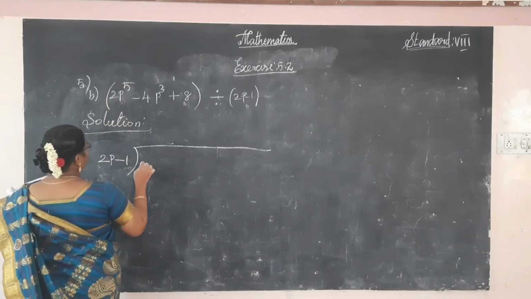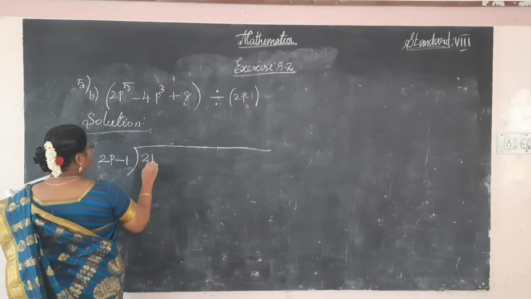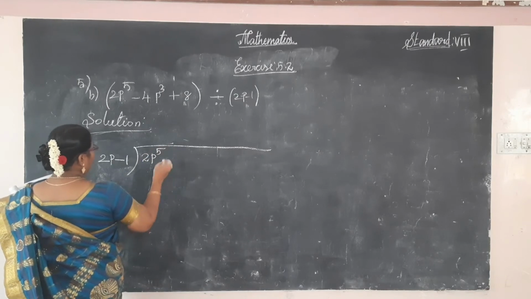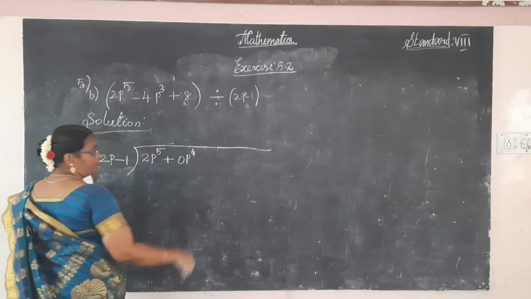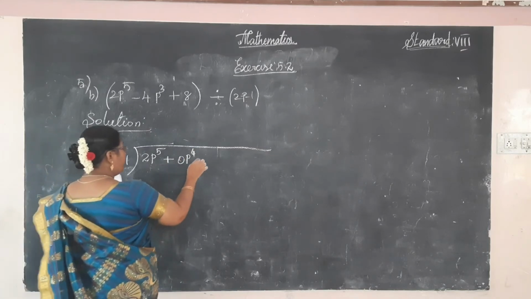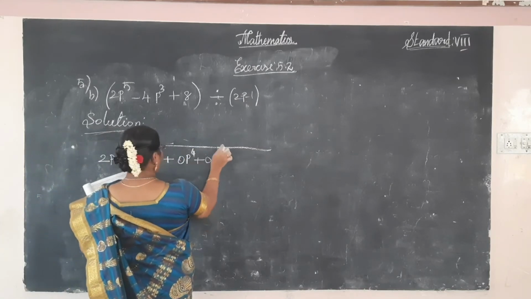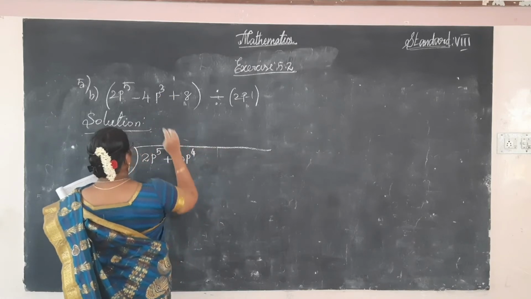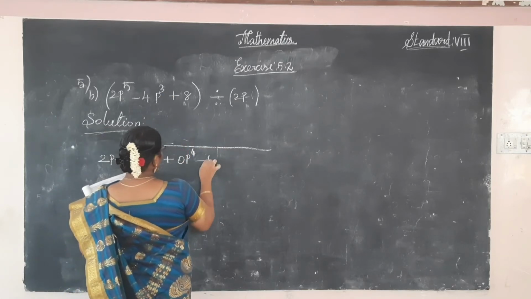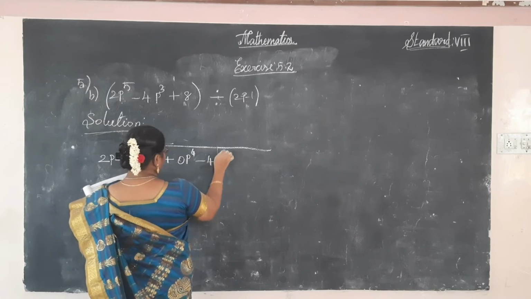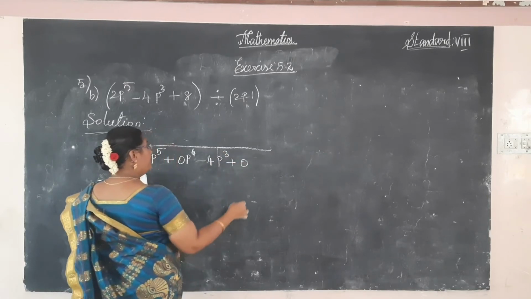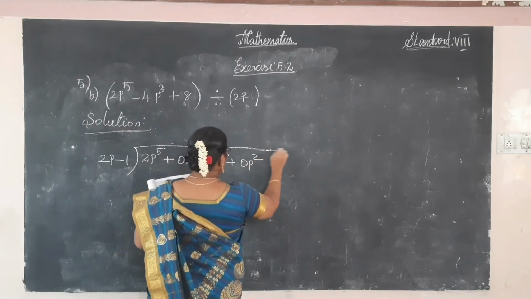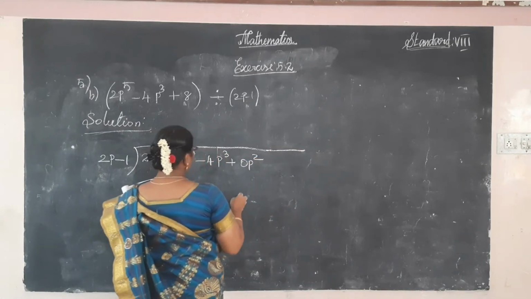Okay, write 2p power 5. So what is missing? Next one 0p power 4. Okay, and the third term is given, is it? So minus 4p power 3, and the next term is missing, instead 0p power 2, and the p term also not given.